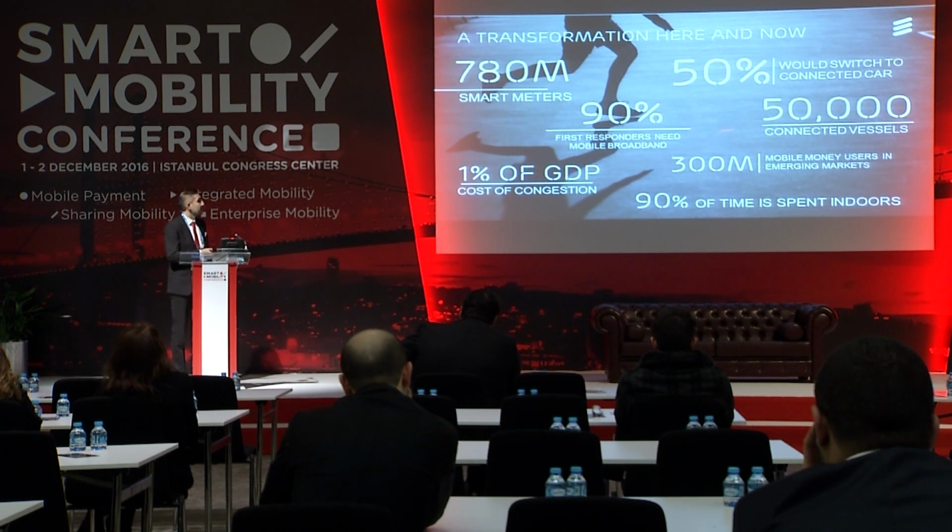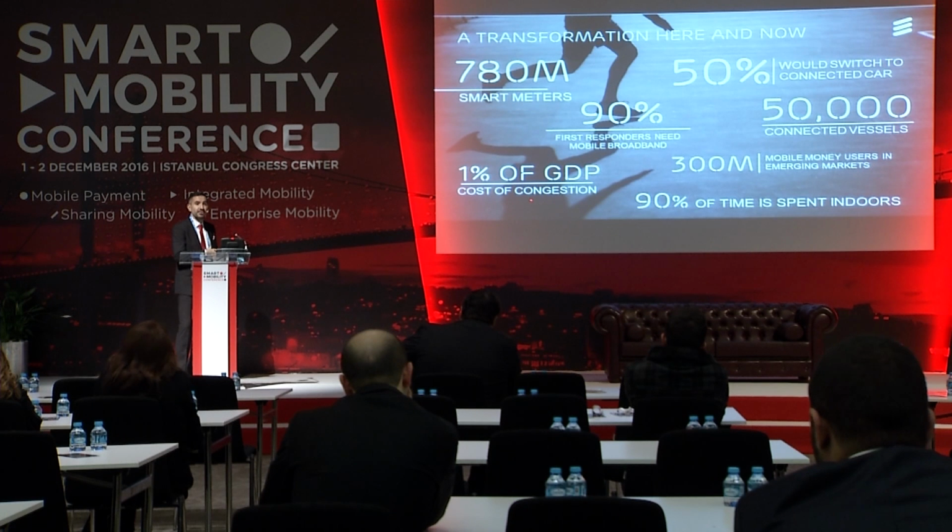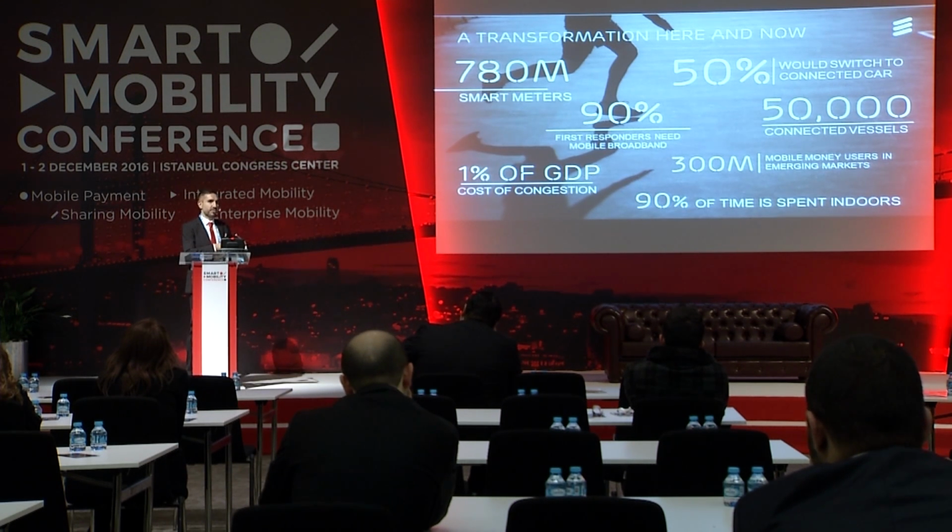Another interesting point is that we are right now living in a very urban world. If you may remember, in 1970, only 30% of the world population was living in urban centers. The number right now is over 50%, and by 2050, that number will be 70%.